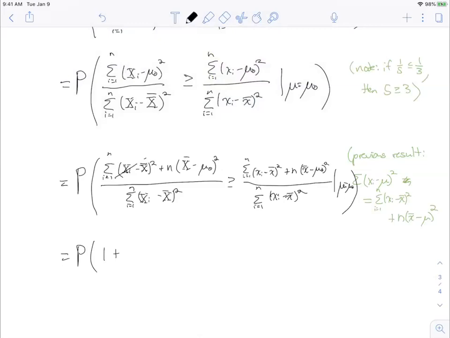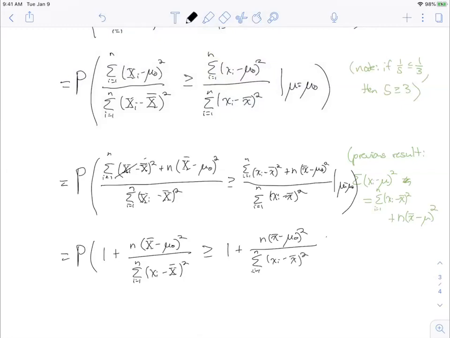and now, okay, I'll just write it in 2 steps. n times (x bar minus mu 0) squared over the sum i equals 1 to n of (xi minus x bar) squared is bigger than or equal to 1 plus n times (x bar minus mu 0) squared over the sum i equals 1 to n of (xi minus x bar) squared, given mu equals mu 0.